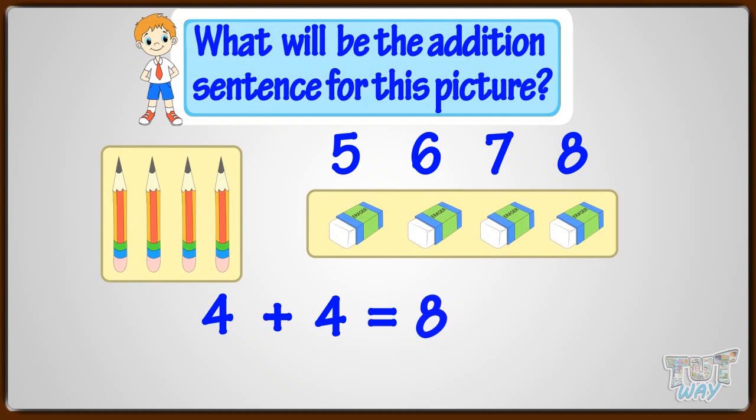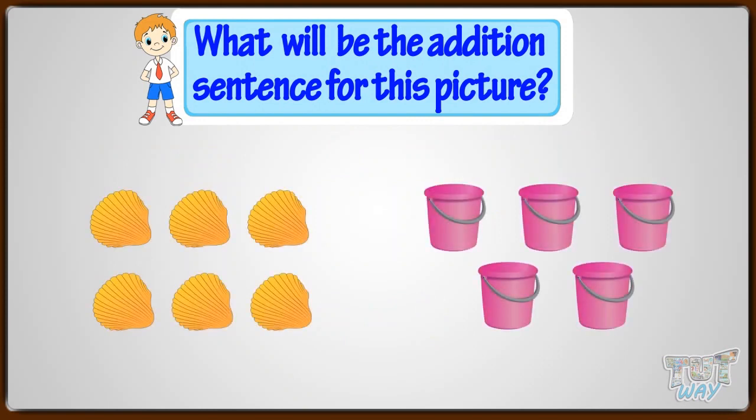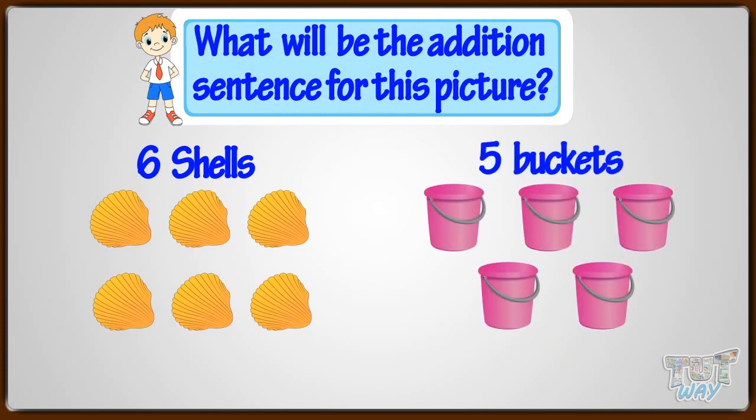Let's take another example. What will be the addition sentence for this picture? There are 6 shells and 5 buckets. So first write 6 plus 5. Now count the total number of things.